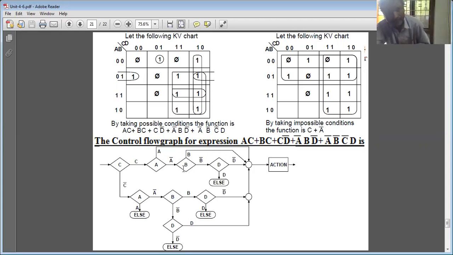Okay, CD bar. C is there, C D bar. D bar, where is D bar? D bar here, D bar here.